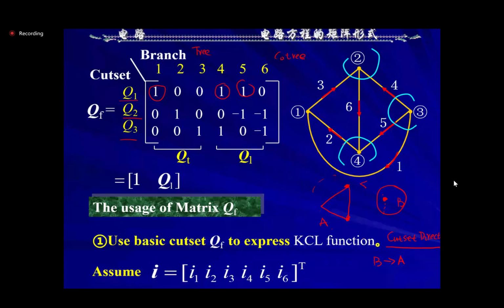Then we check cutset 2: 2, 5, 6. If we remove 2, 5, 6, the node 4 is left, and 2, 1, 3.